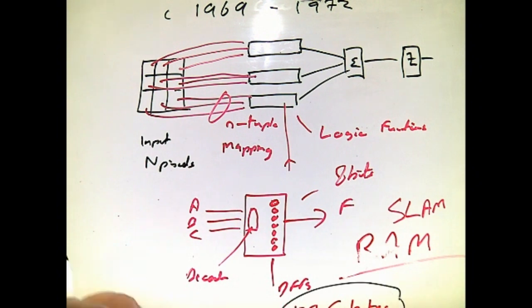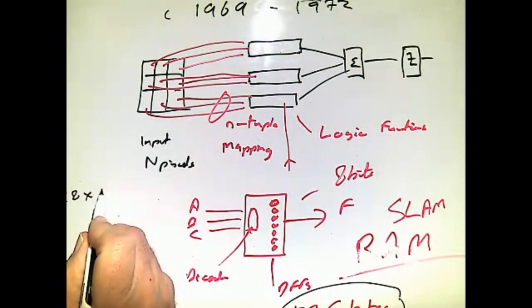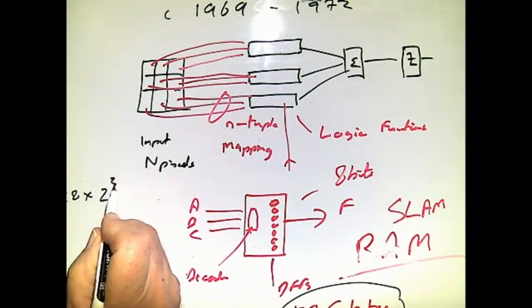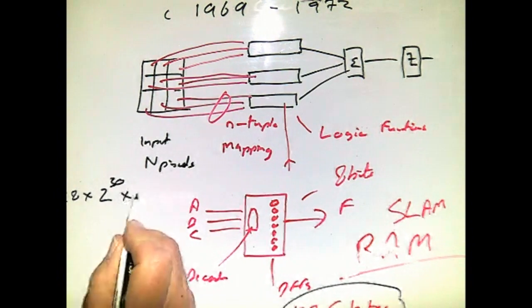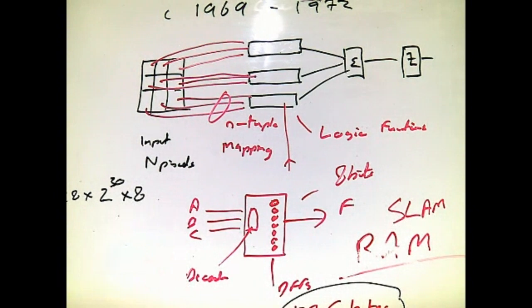So obviously 128 times a giga is 10 to the 9. No, it isn't, it's 2 to the 30. And bytes, what does byte mean? 8 bits times 8. Somebody work that out for me on the calculator just for fun.